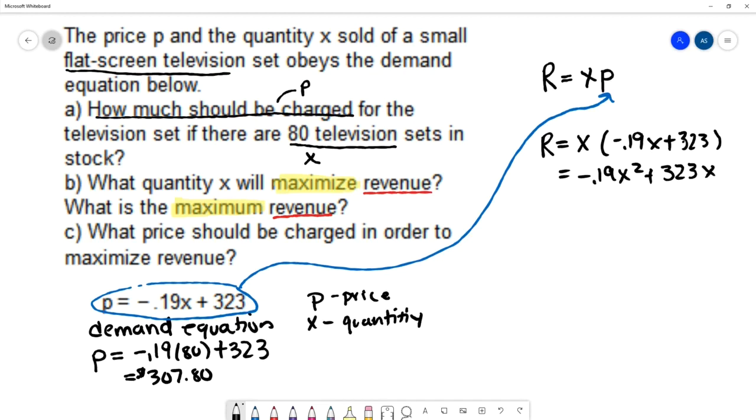So now we have the revenue, and you'll notice that the revenue is a quadratic because of the squared. So it's a quadratic with a equal to negative 0.19. A quadratic with a negative leading coefficient is going to be facing down, and the max will be at the vertex.